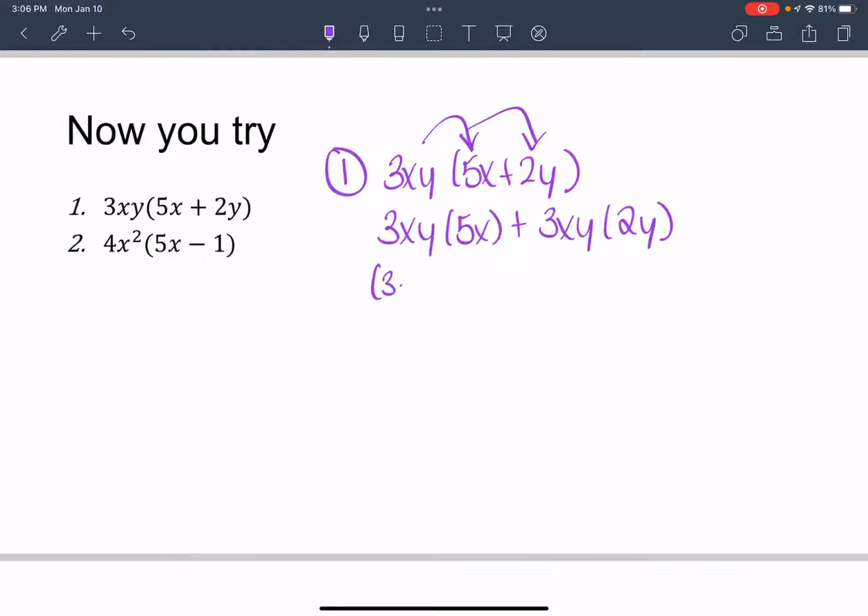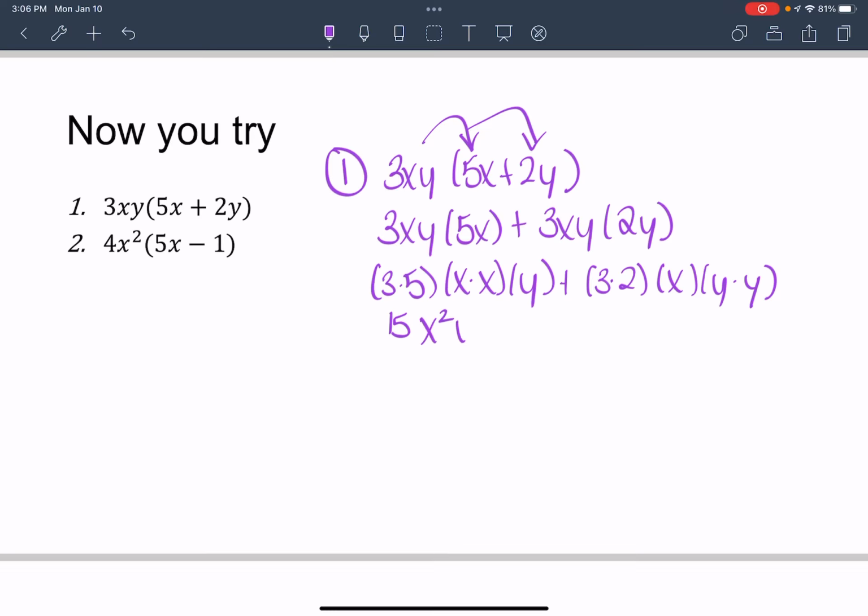So I get 3 times 5 times x times x times y plus 3 times 2 times x times y times y. So 3 times 5 is 15. X times x gives me x squared. Y. Plus 6, then I have x, and then I have y squared.